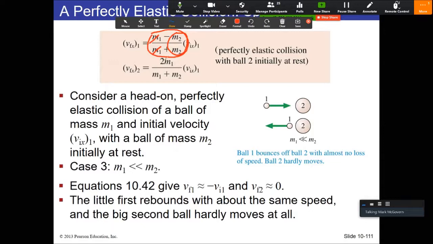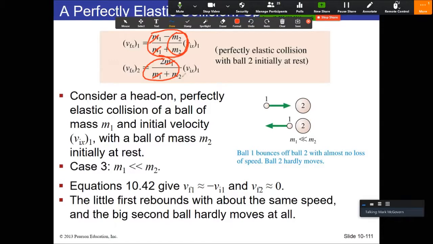And then if you do this for the second one, again, m1 is effectively non-existent here. I'm not canceling out, I'm just saying you can ignore these factors here.